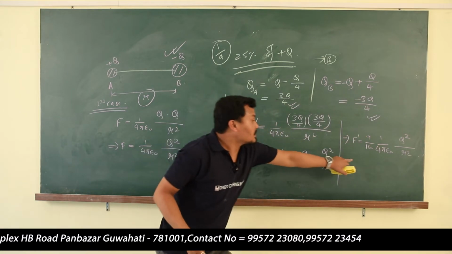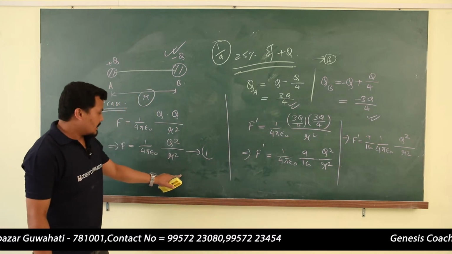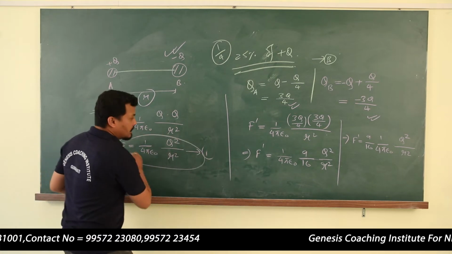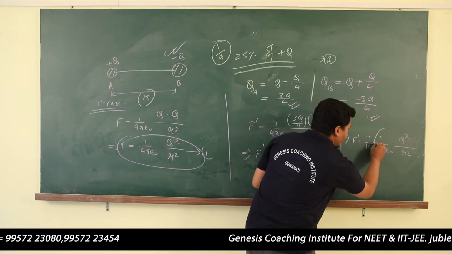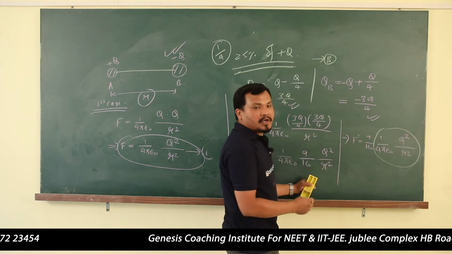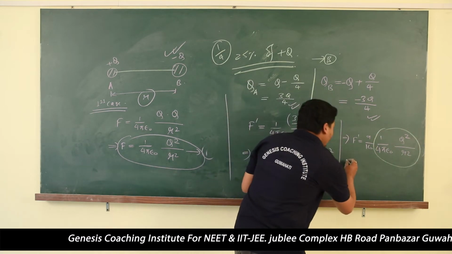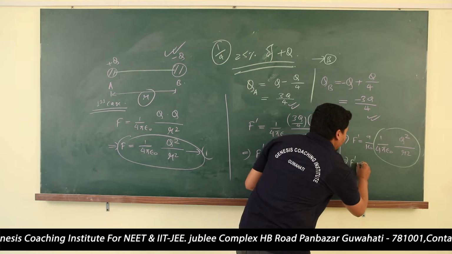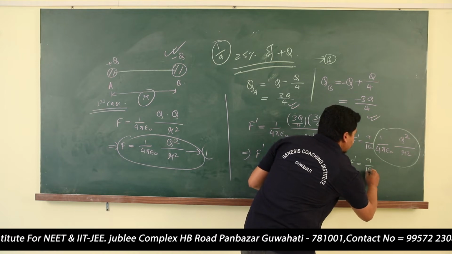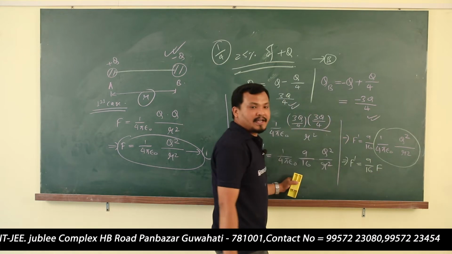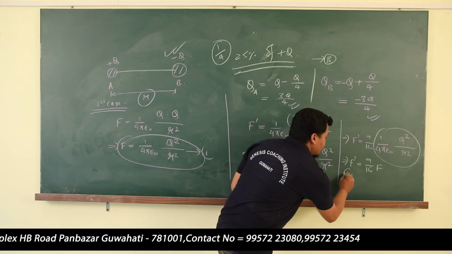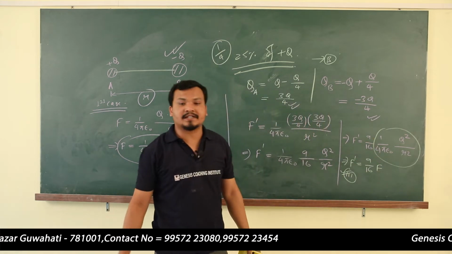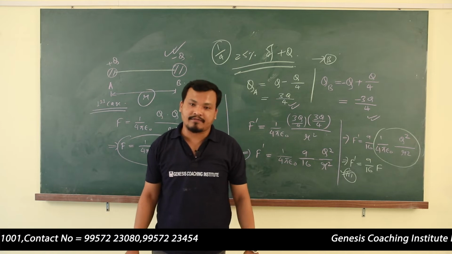Now compare this with equation number 1. From equation number 1, 1 by 4 pi epsilon naught Q square by R square equals F. So we get the final answer, F dash equals 9 by 16 F. That means option 3 is correct.